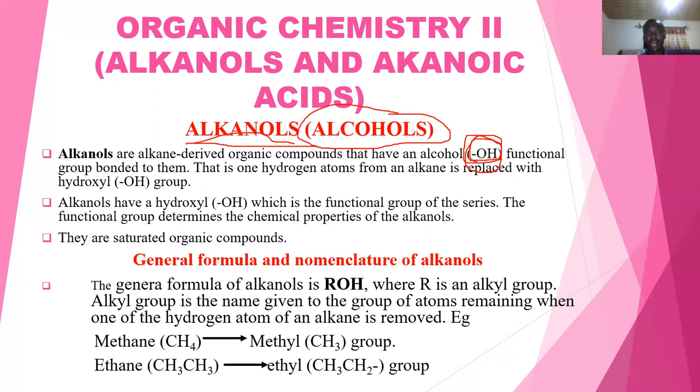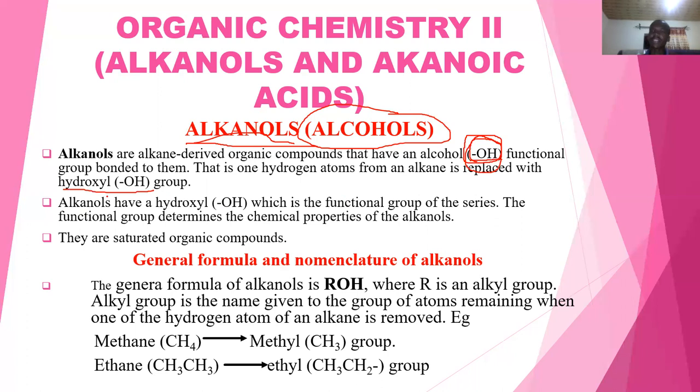That is, a hydrogen atom from the alkane is replaced with the hydroxyl group. The alkanols have hydroxyl, which is the functional group of the series. The functional group determines the chemical properties of the alkanols, and it gives the alkanols the site for the reaction. That is where the reaction takes place.